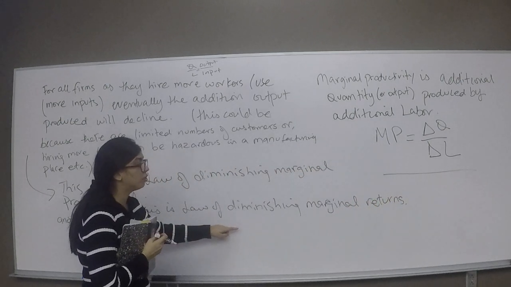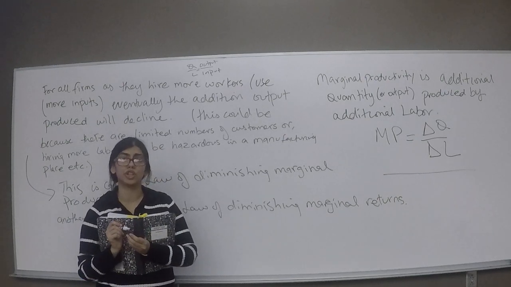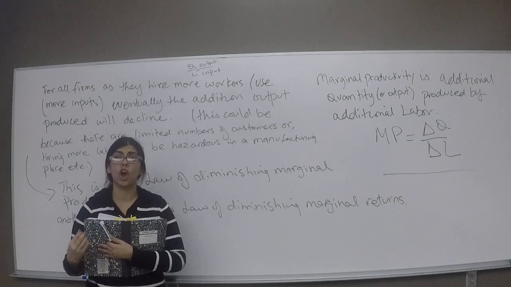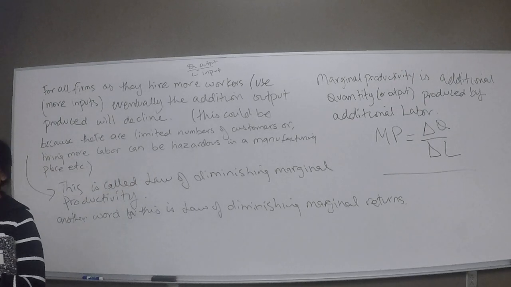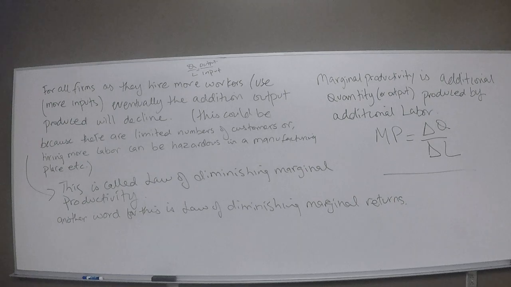Meaning, as you're producing more, the marginal return you're getting on the product is diminishing, is decreasing. The return you're getting on each additional product is decreasing. So they're both the same thing: law of diminishing marginal productivity or law of diminishing marginal returns.